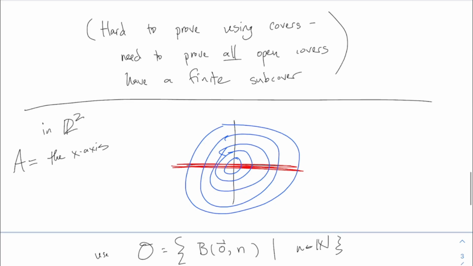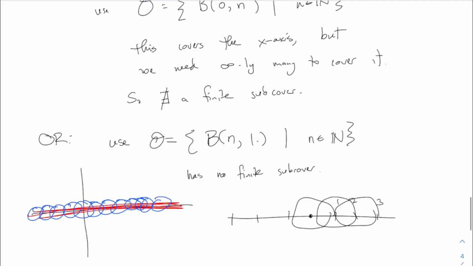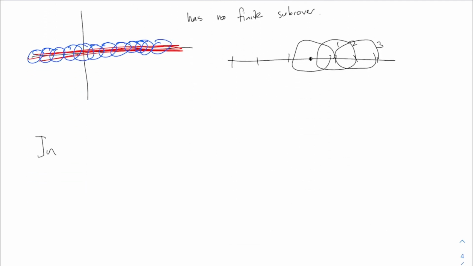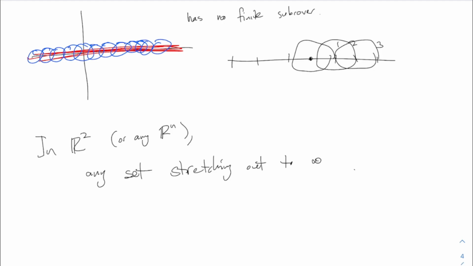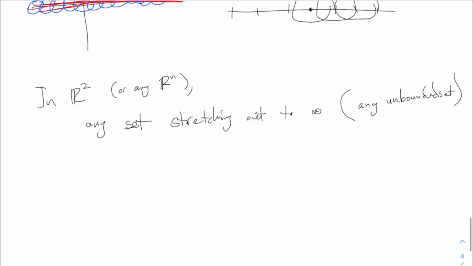So I would say in R2, or actually any Rn, any set stretching out to infinity, what I mean by that is, maybe I should have just said it this way in the first place, any unbounded set. Any unbounded set in Rn, you can use that.